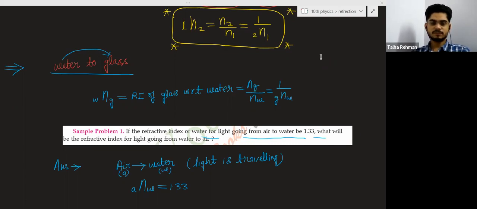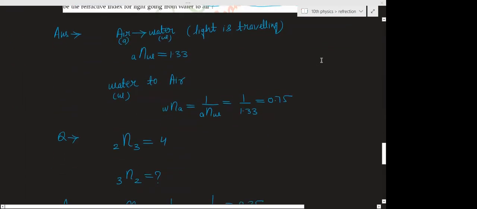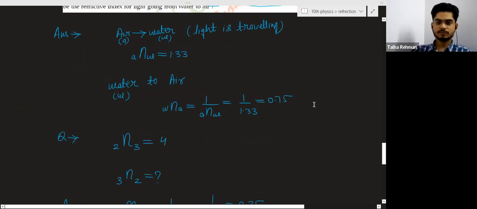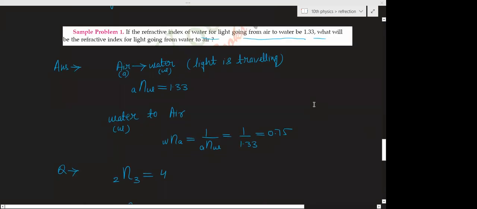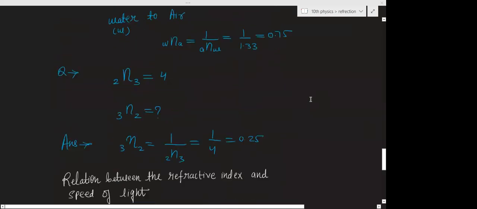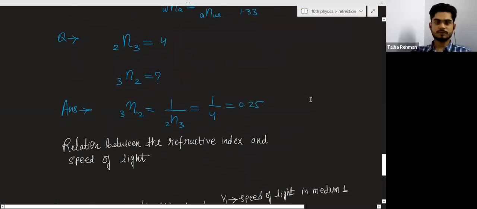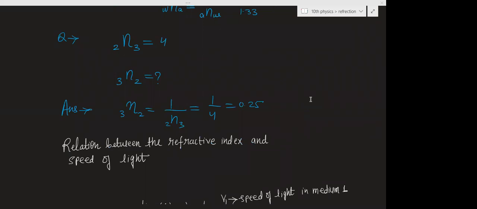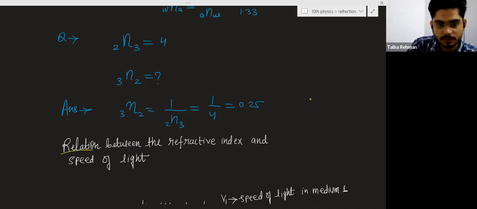Written, Azaan? Yes, sir. This also? Sir, I want to see both answers. Sir, can you scroll down a little bit more? This one? Yes, sir. Fine, fine. This is the heading: relation between the refractive index and the speed of light.